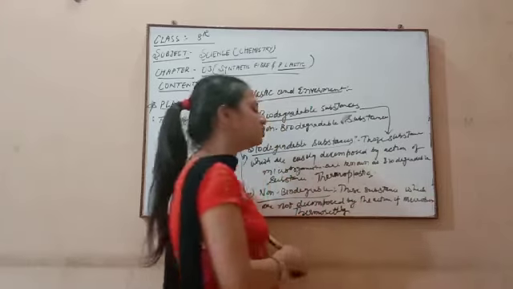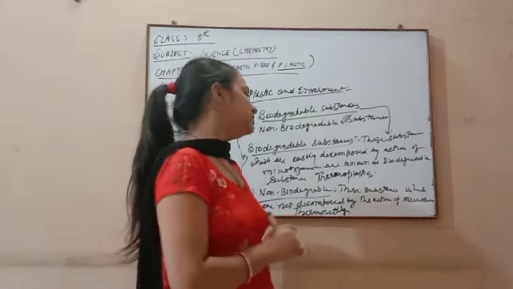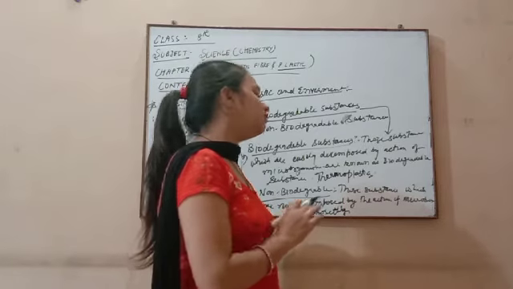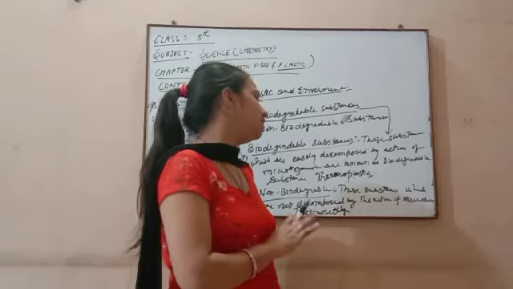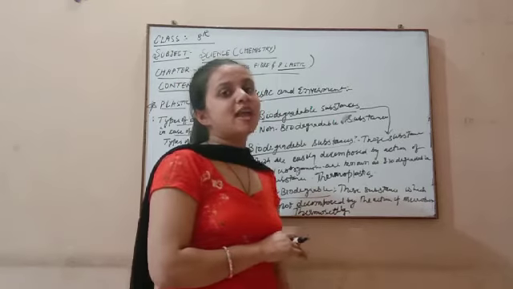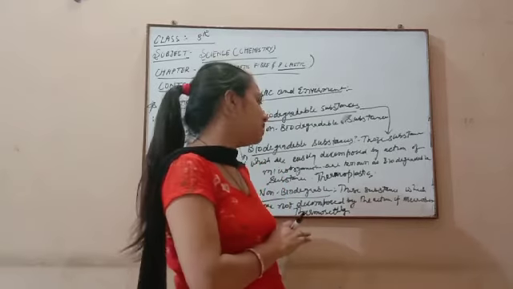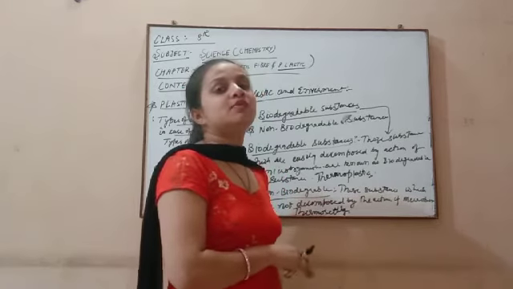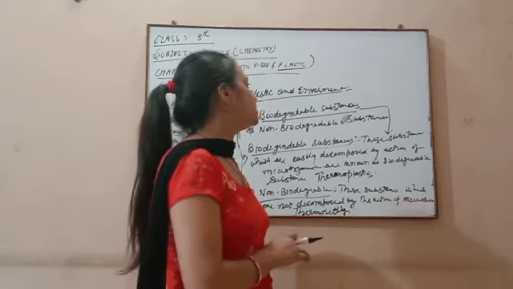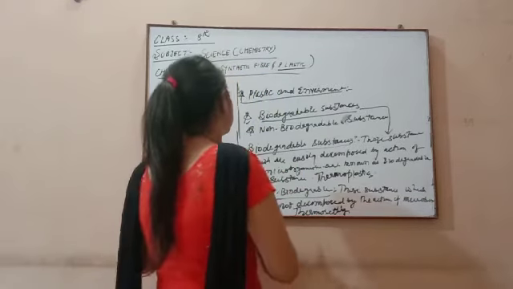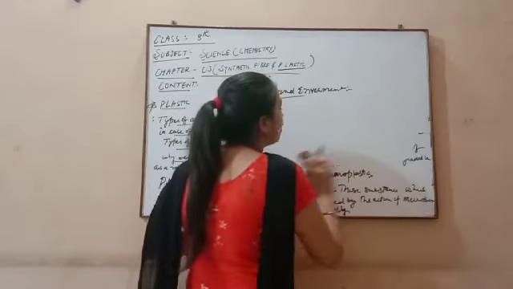It is not decomposed by microorganisms and stays in its original form in the environment. The main reason for pollution by plastic is the use of thermosetting plastic in our daily life. So on the basis of whether it degrades or not, there are two main types, biodegradable and non-biodegradable.